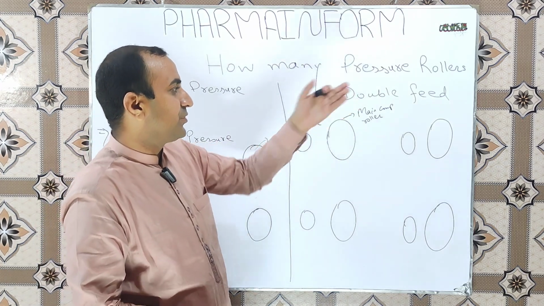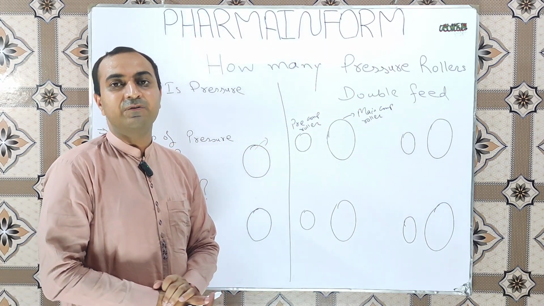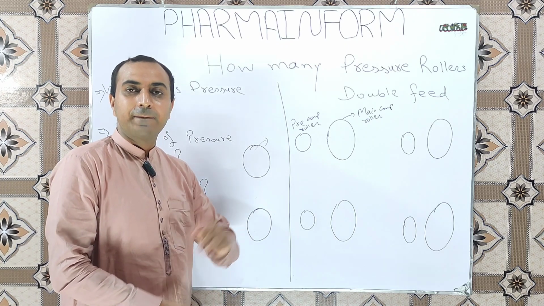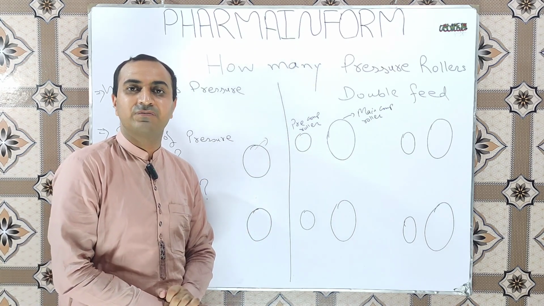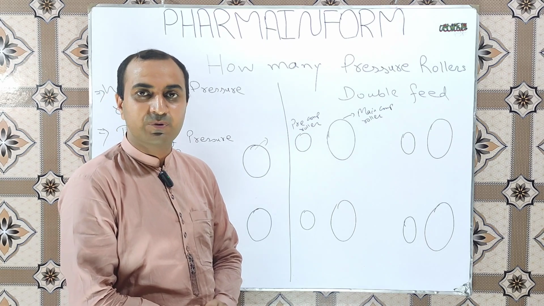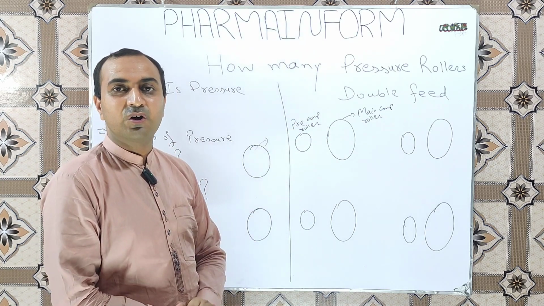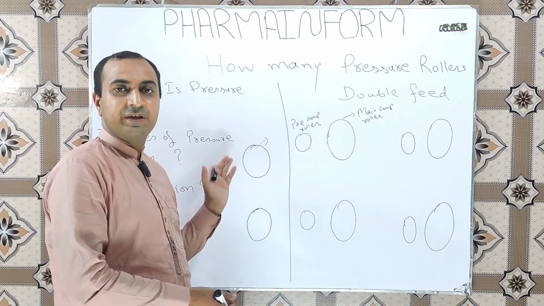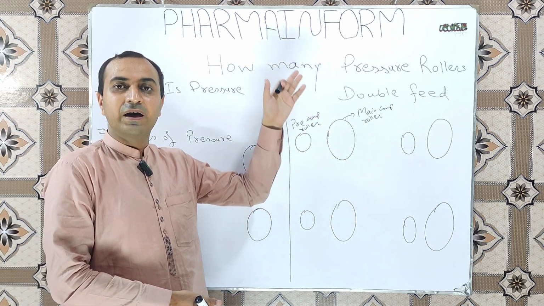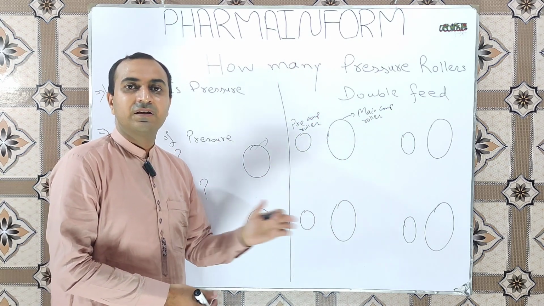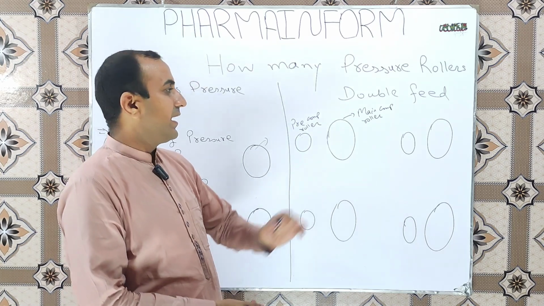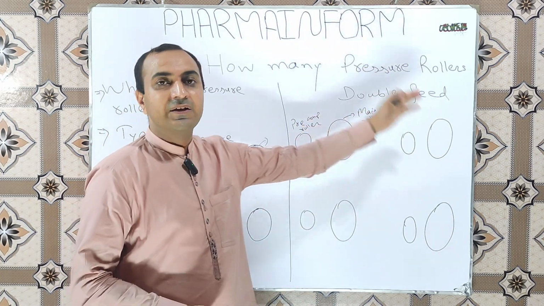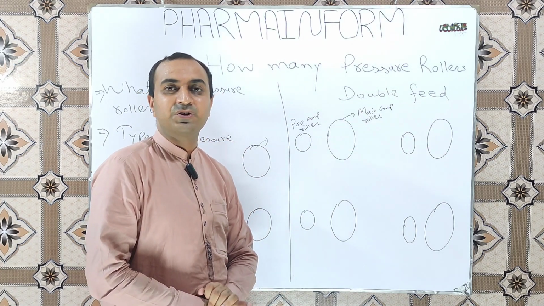And if our compression machine is double feed, then it will have two sets of main compression rollers, meaning 4 compression rollers will be installed in the compression machine. One set of main compression rollers will be for the first feed and it will be installed in the same manner, one on the upper side and one on the lower side of the lower punches, and another set of compression rollers will be installed for the second feed of the compression machine.